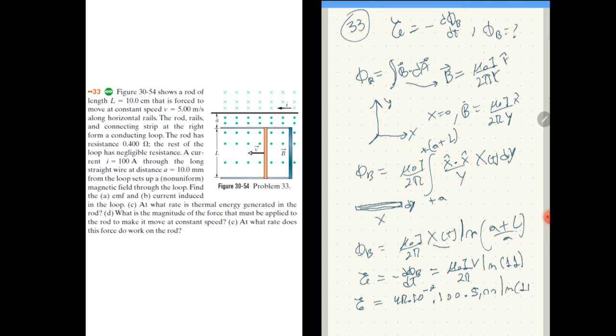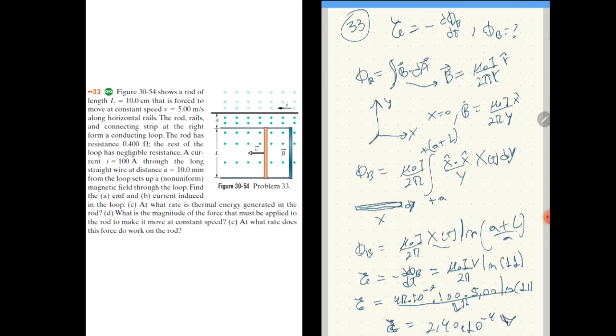This logarithm, I don't know exactly what the value is, 2 pi, but I know the answer, and the answer is actually, let me see, 240 10 to the negative 4 volts.